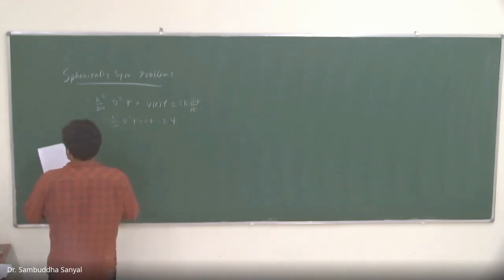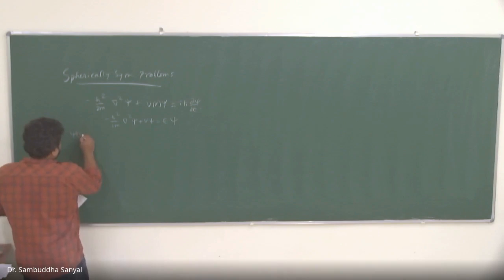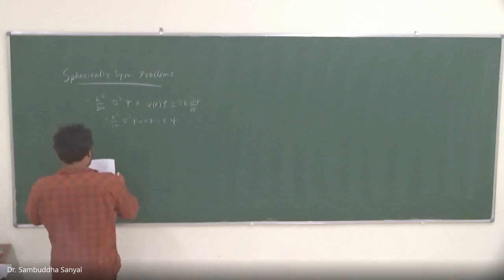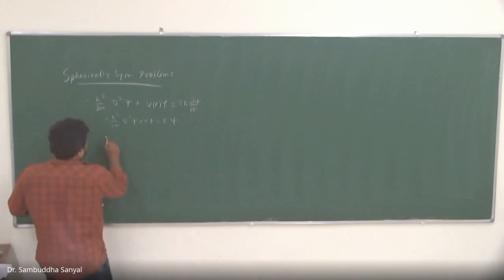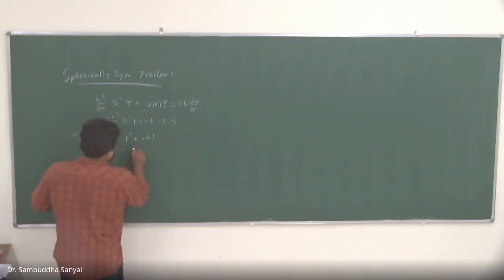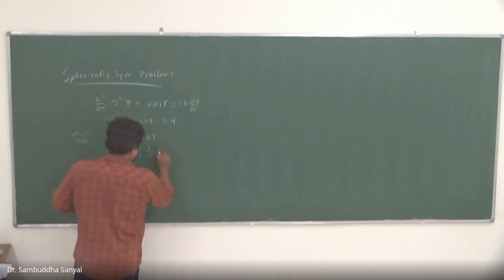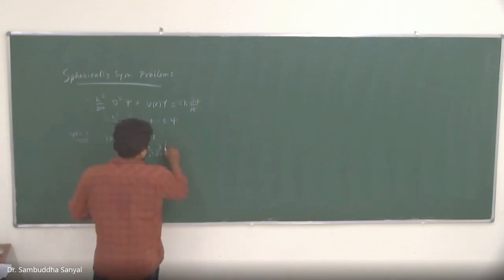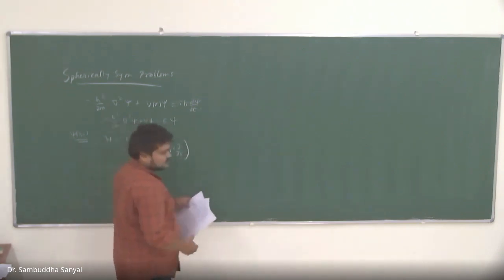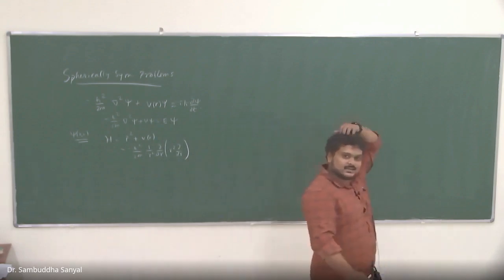Where psi is a function of r and t. And we also stated that this operator is nothing but minus h bar squared by 2m. This part is nothing but some complex calculus and algebra.